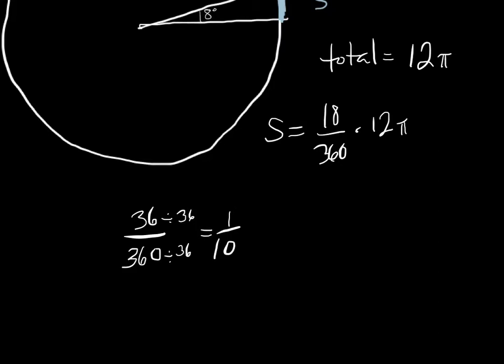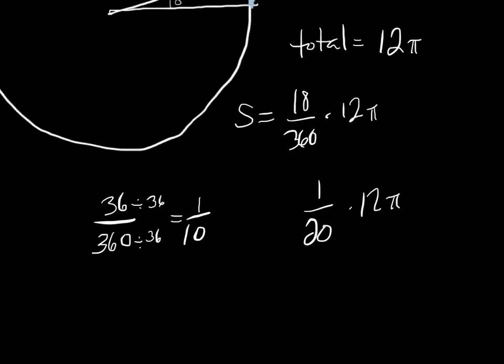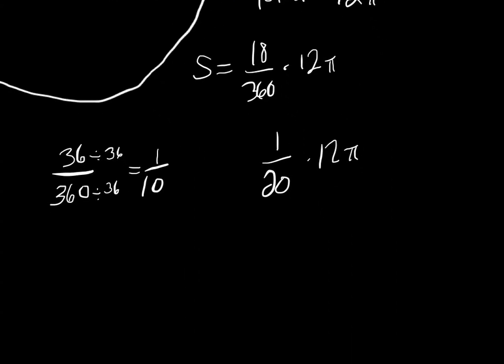Okay, 18 over 360 is half of that, so it's 1 over 20. Okay, and then 1 over 20 times 12 pi. We divide both by 4? I'm going to divide both by 4.